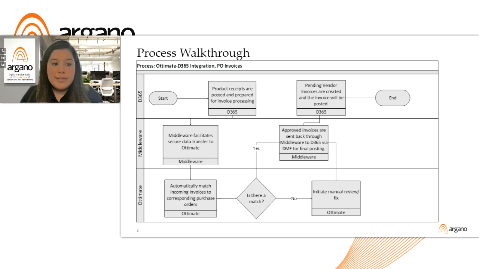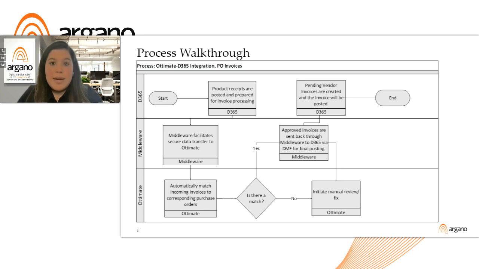For PO invoices, we start in D365. Our product receipts are posted and prepared for invoice processing. So once that product receipt is posted on the purchase order, the middleware will facilitate that secure data transfer back to Ottimate. Once it lands in Ottimate, there will be an automatic batch process, which can be 2-way or 3-way match, depending on your needs.